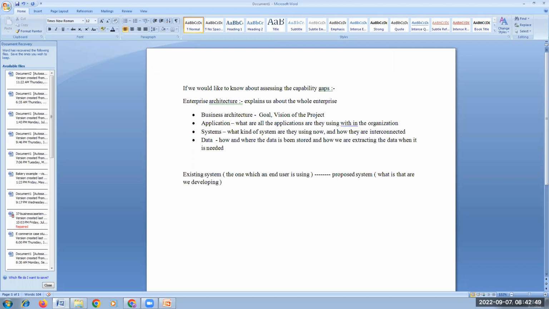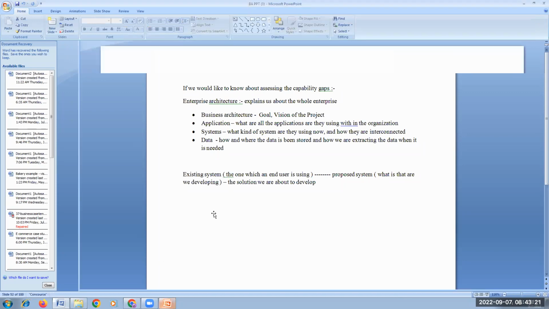When you talk about the proposed system, it means the solution we are developing, or are about to develop. So this is what we call the proposed system. Understanding the two different systems is what we do in the second level. It's not only about the business need.